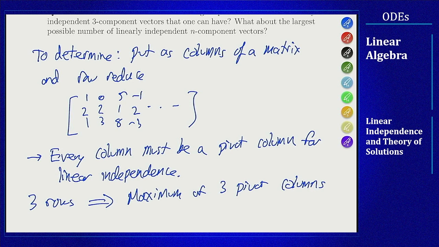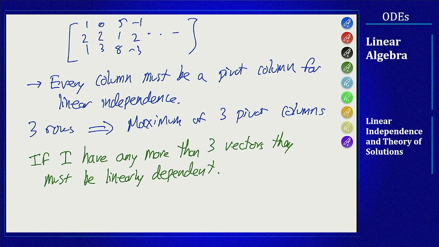So if I have any more than 3 columns here, or any more than 3 vectors, they must be linearly dependent, because I am guaranteed to have a non-pivot column. So for three component vectors, the largest possible number of linearly independent vectors is 3.